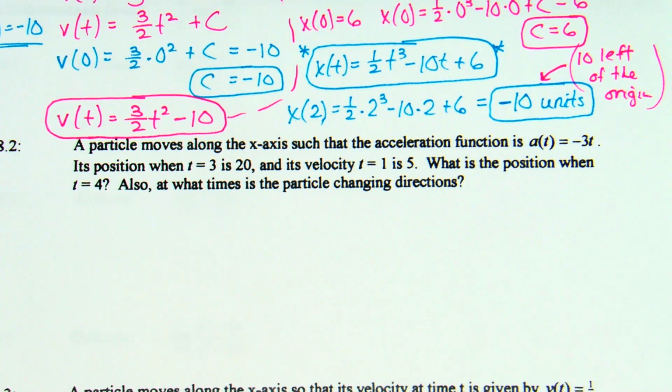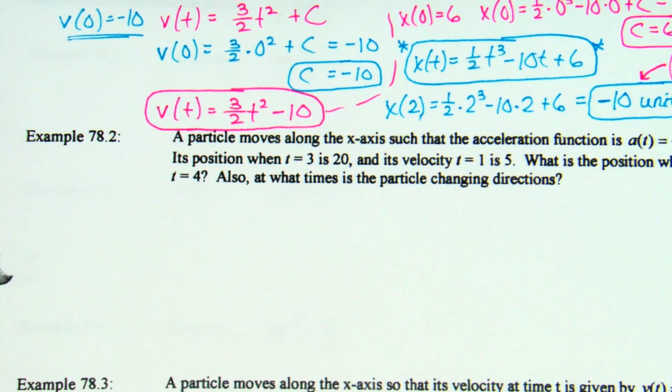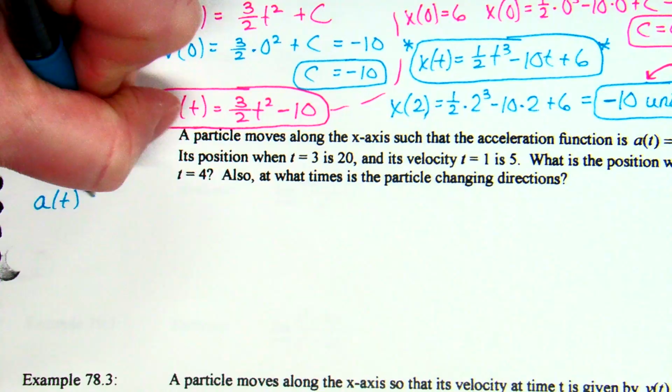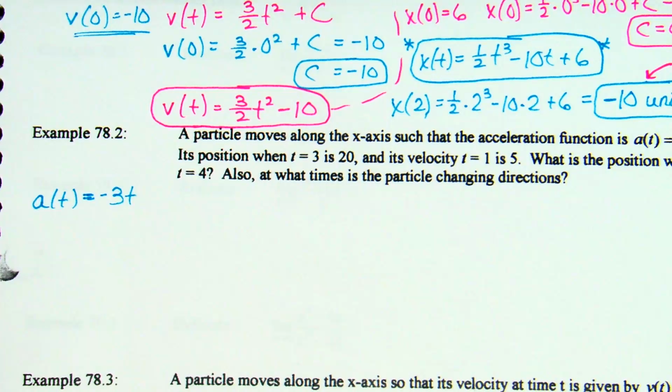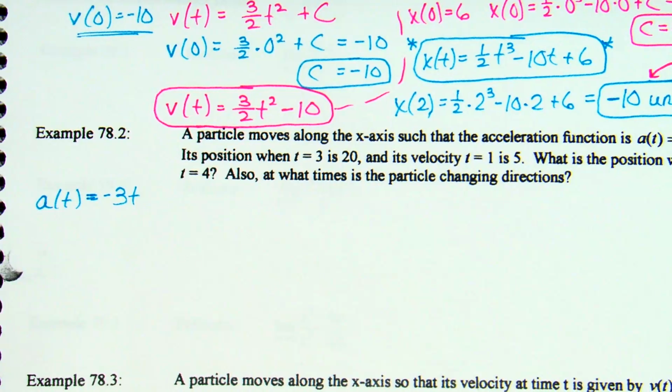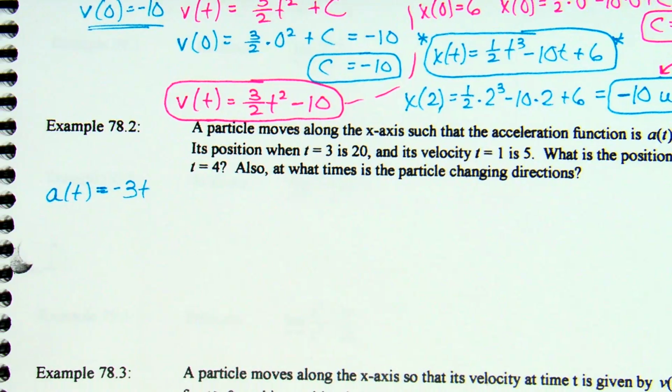Okay, where are we starting? Acceleration. We are given that a of t equals negative 3t. So where do I go from there? The integral, get your velocity equation. In order to get velocity, we're doing the integral.